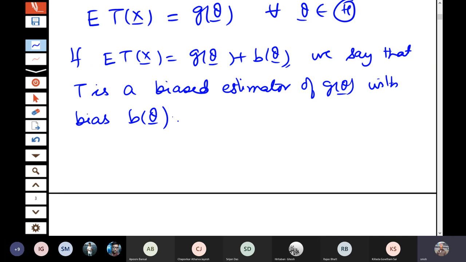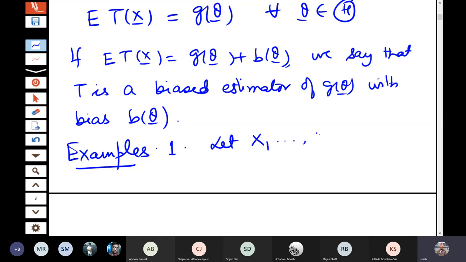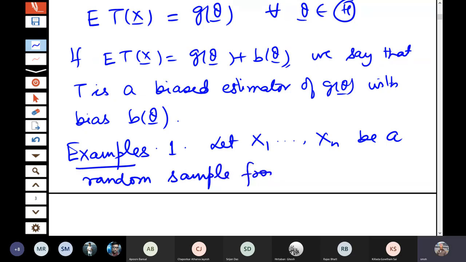So let us start with some examples to illustrate this. Let X1, X2, ..., Xn be a random sample from, say, a Poisson(lambda) distribution.